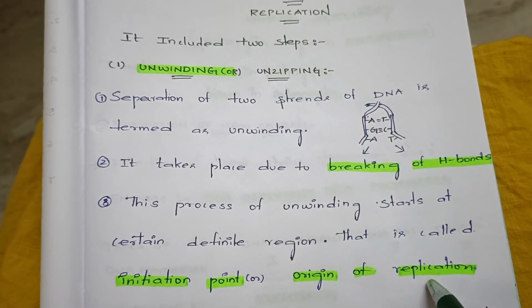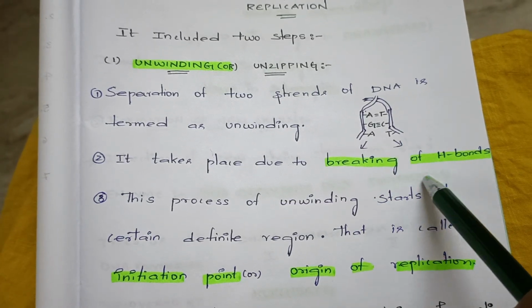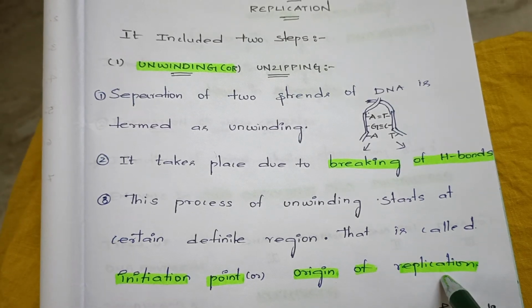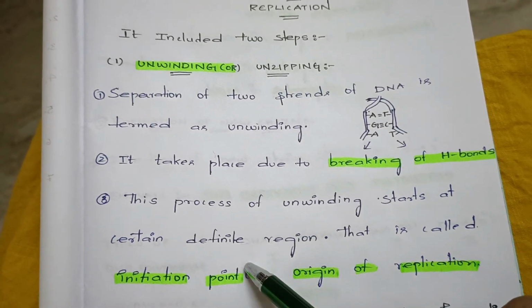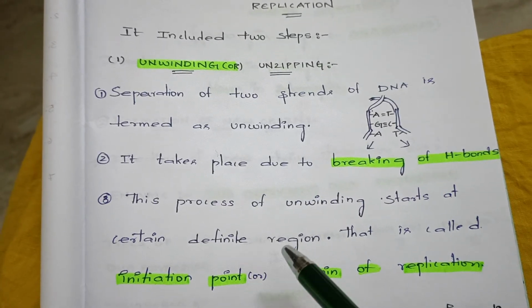So unwinding means breaking of hydrogen bonds, and because of it we get the origin of replication, or initiation point. This is called unwinding or unzipping.